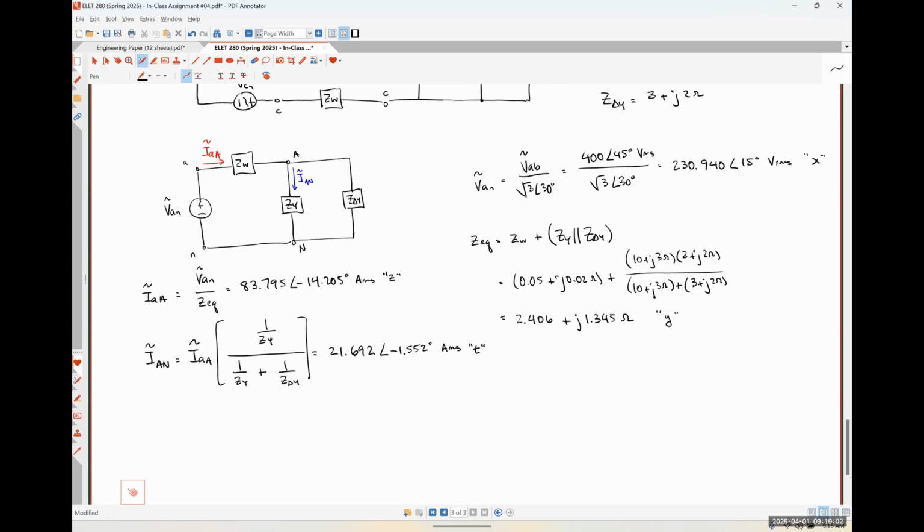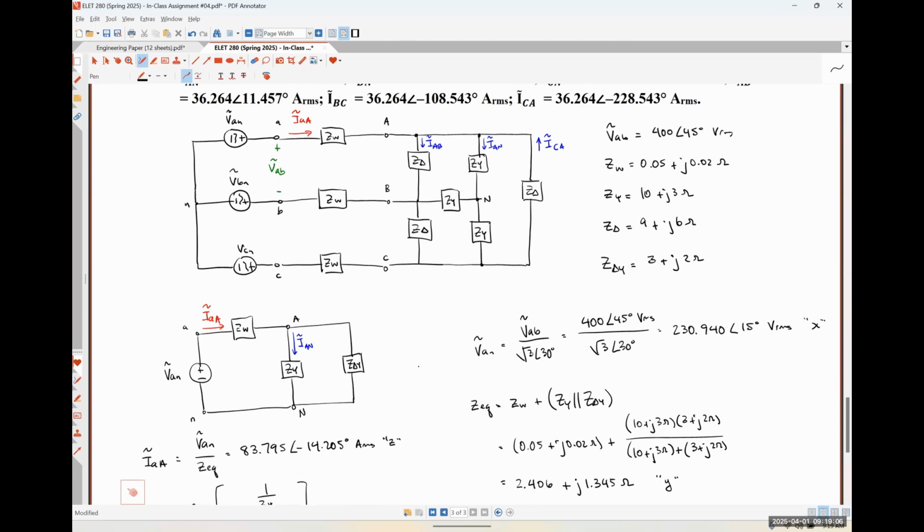So the last thing that we're looking for, if I can scroll up here for a smidge, is how to find that current IAB.